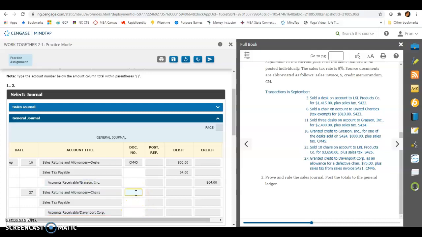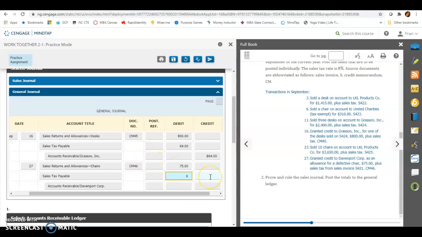This is a credit memo for 46. The return was $75. They returned a chair that was worth $75. If you figure out what 8% of that is, that's $6. So that's the sales tax payable, and it's actually a debit. But payables are normally credit, so we're going to do the opposite. And the entire amount that we're going to credit their account is $81.